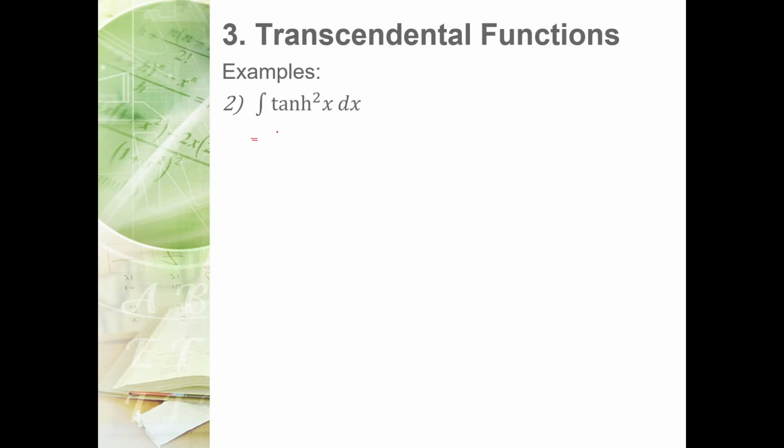So for hyperbolic tangent, of course you can just have secant squared, minus 1 dx. Correct me if I'm wrong. I think this one is a correct answer.